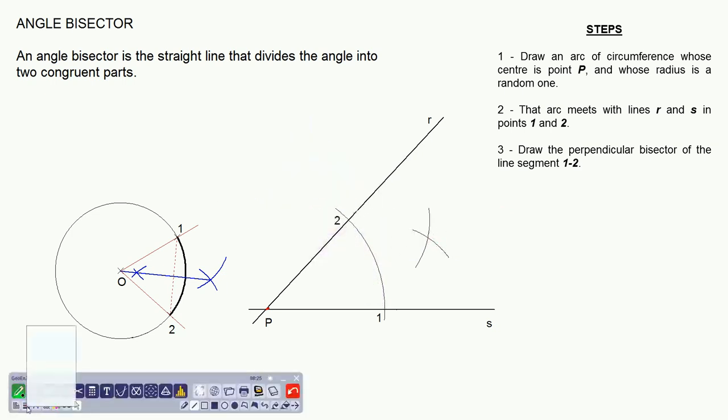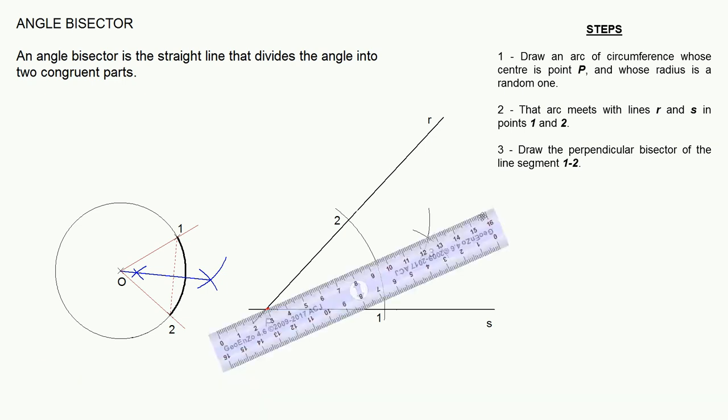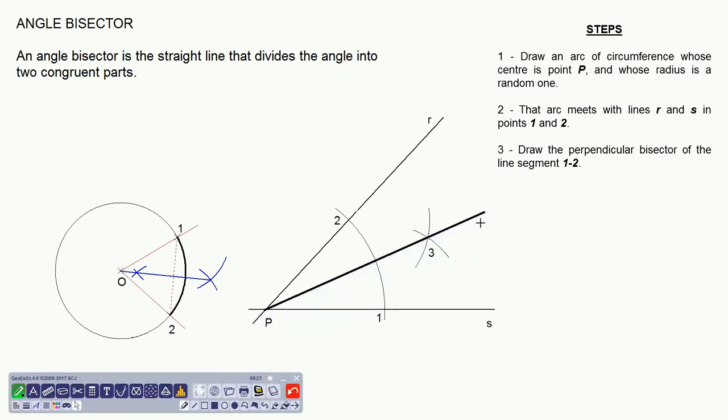And the straight line that goes from point 3 to point P is the angle bisector of the angle that lines S and R form. This straight line V.